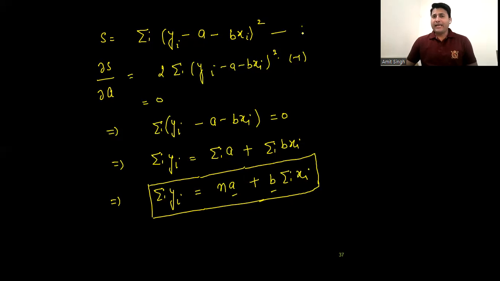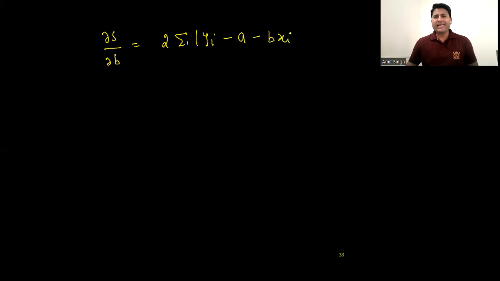Now, in the same manner, we can differentiate with respect to B. So if we differentiate with respect to B, we obtain ∂S/∂B equals 2 times summation (yi − a − bxi) times, with respect to B, minus xi, equated to 0. So what will we obtain?